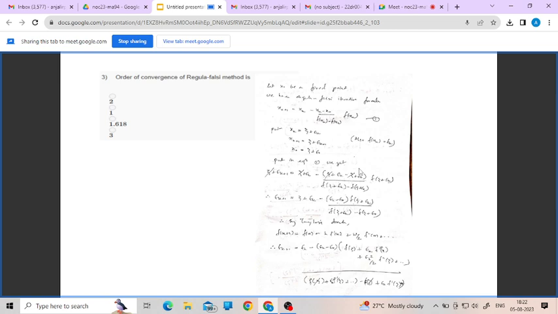So here the question is: the Newton-Raphson method formula for finding the root of a real number n power 1 by q using the equation x power q minus n equals 0 is. Okay, so you have to use the Newton-Raphson method and calculate the root of the real number n power 1 by q by using this equation. Calculate it.